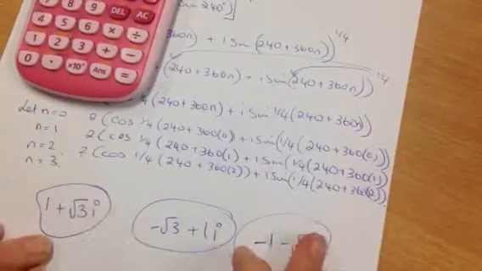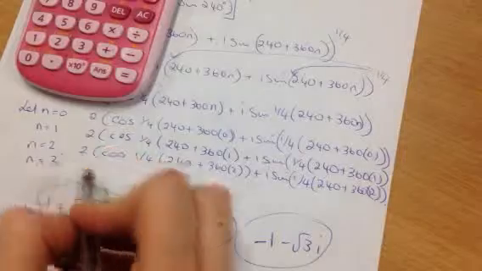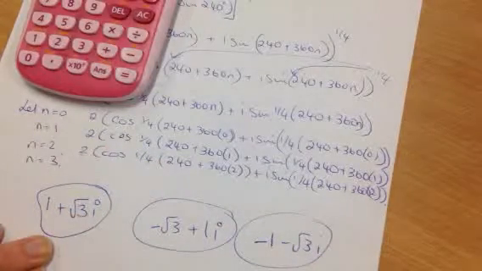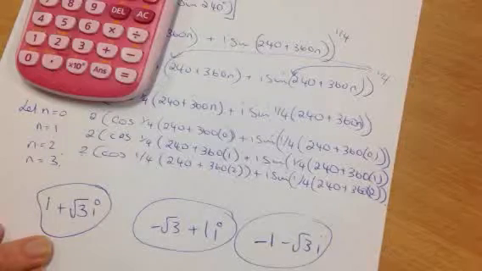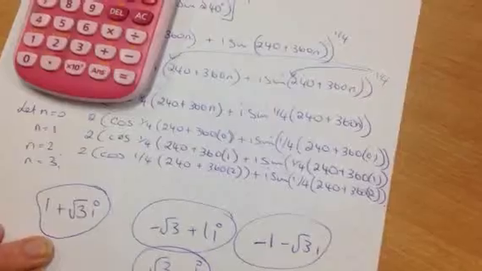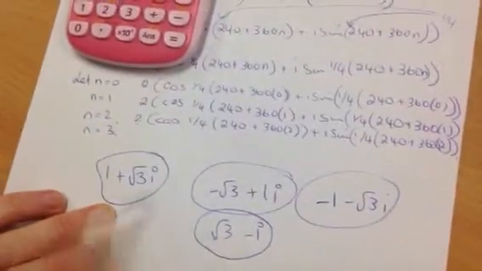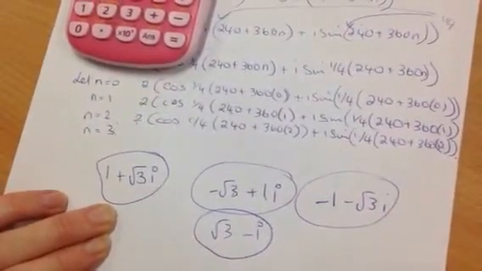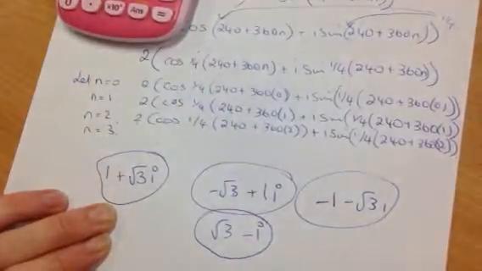Here's another solution. And if I throw in n is 3, I'll end up with another solution, which is root 3 minus i. And they're my 4 solutions, one of which I already had. So that's the 'otherwise' way of doing it.